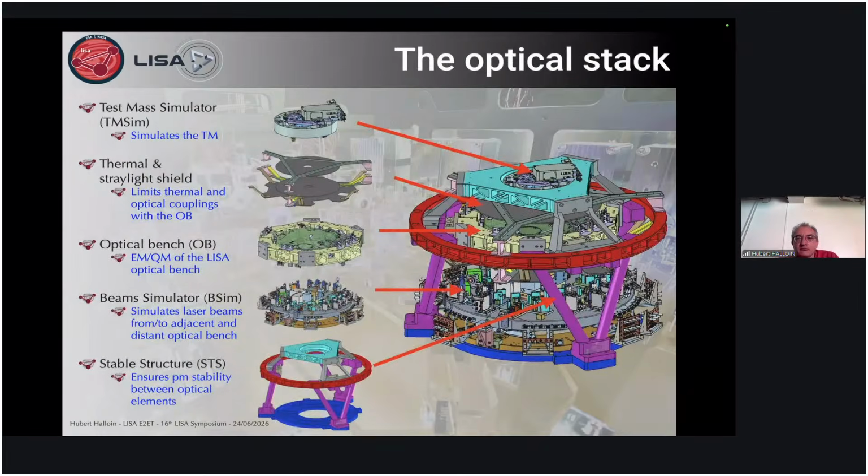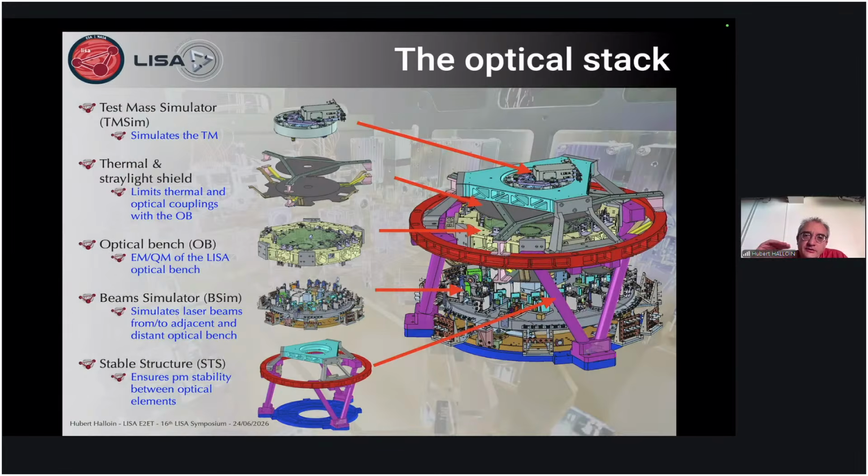So let's focus a little bit on how it will look. Here I have just represented the optical stack, which is basically the optical part of the end-to-end test, which consists of different optical systems. In the middle of this tower, you have basically the optical bench that will be the main system under test.